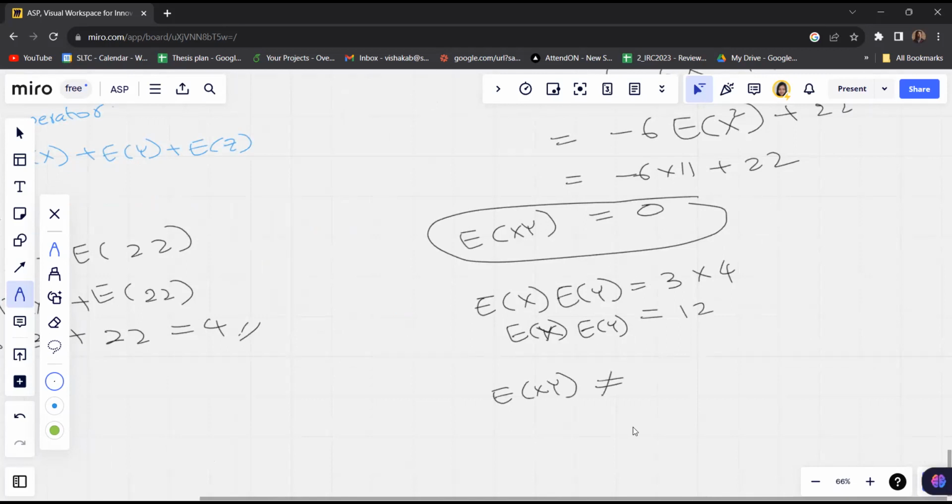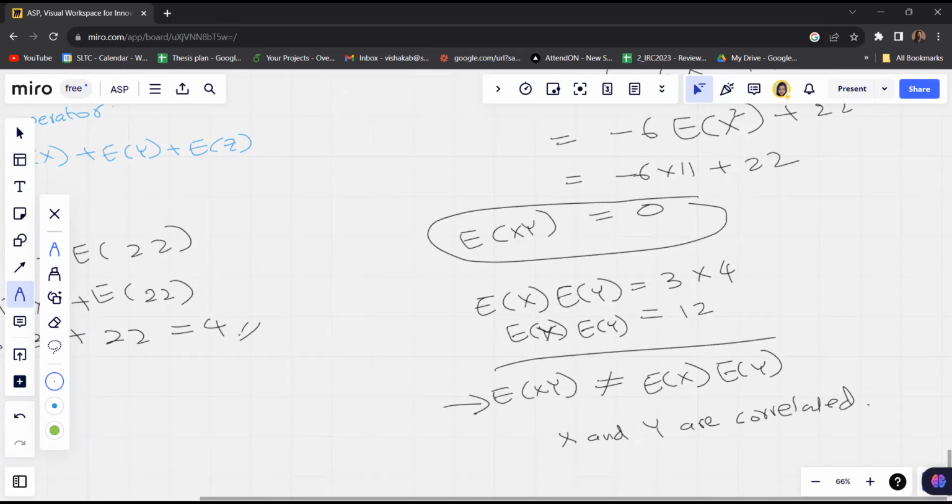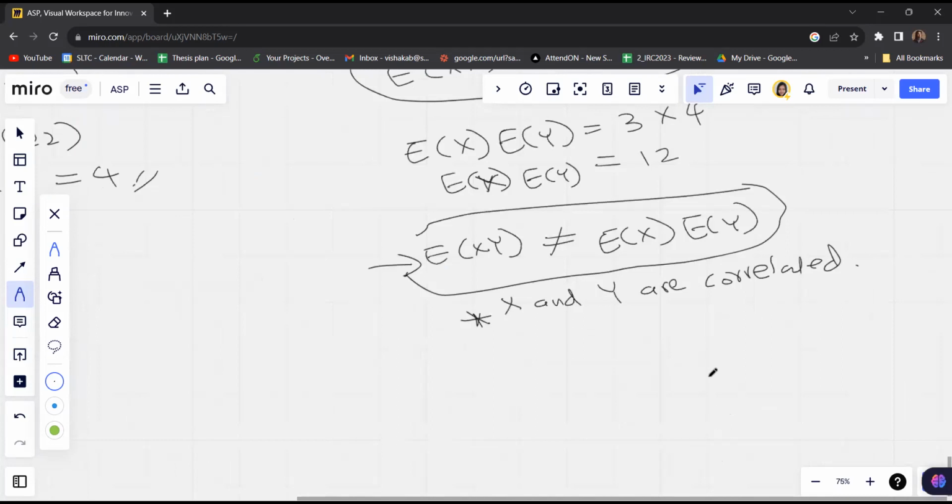This condition is valid for uncorrelated signals, so for uncorrelated signals, this should be satisfied. But since it is not satisfied, we can say that X and Y actually have some relationship between them and they are correlated. There's some kind of similarity between the X and Y random variables.